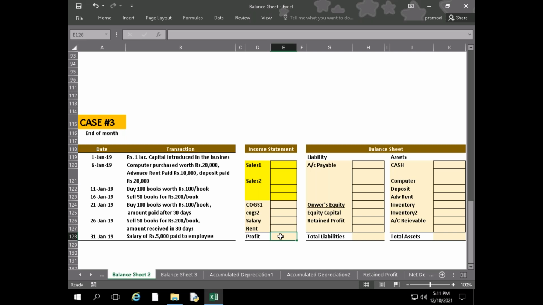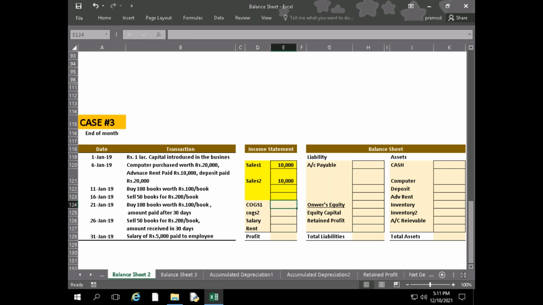Then, sir, can you please work out this sum, sir? Show the formula, sir, how within one shot we can do the adding and subtracting of both. So here COGS is 50 into 200. Again it is the same.